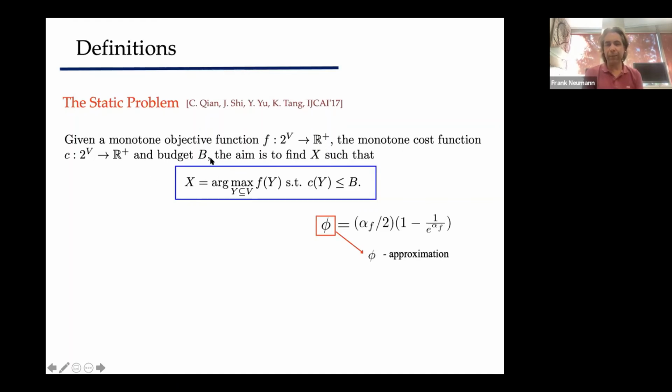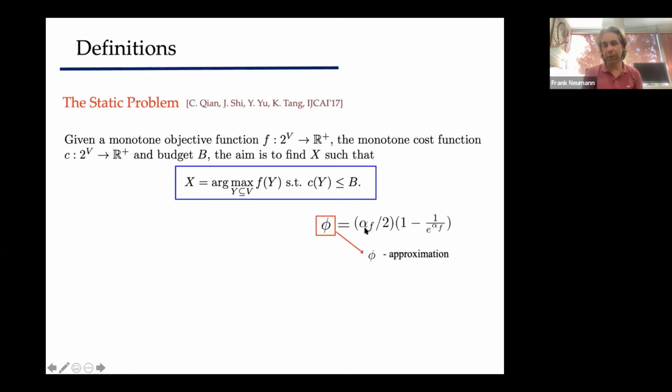So the aim there is to find a solution that maximizes your function value subject to not exceeding the cost bound. Okay, and what they got in terms of results is an approximation phi that depends on how close your function is to being submodular. So if this alpha f is equal to 1, then it's submodular.